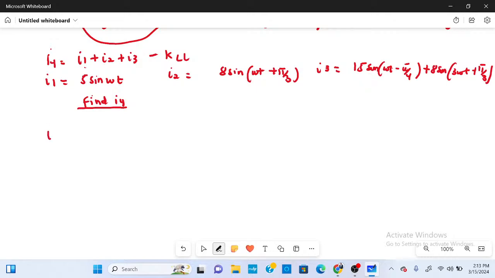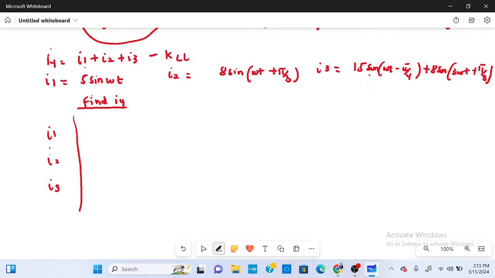So let me write I1. We have I2. We have I3. But you realize that the frequencies are not the same. You can never add two waveforms of two different frequencies. You don't do that. So the frequencies must be the same.